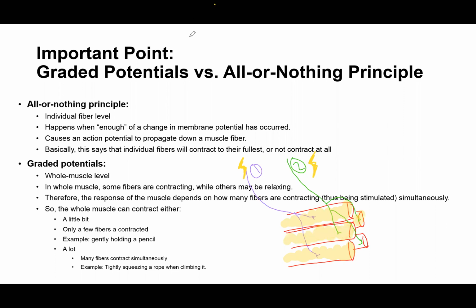Now all of these fibers are going to shorten, and this will provide us with more strength in order to tightly squeeze that rope when you're climbing it. So I just wanted to bring up this point that graded potentials and the all or nothing potential are related, but they are different entities. In whole muscle, we're going to be talking about graded potentials.